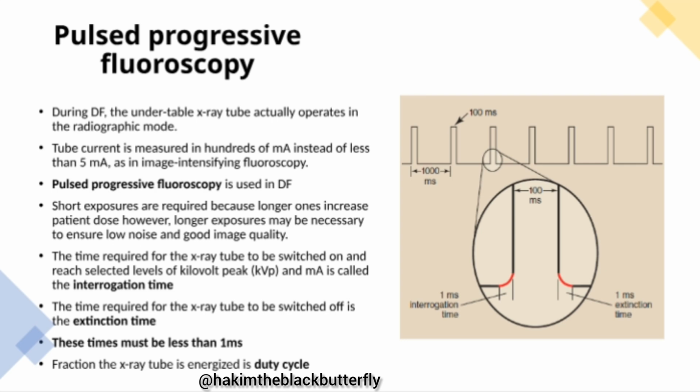And then you can add on the nature of digitizing the image. We can have a digital image, and for dose, there is a reduction in dose when it comes to digital fluoroscopy.